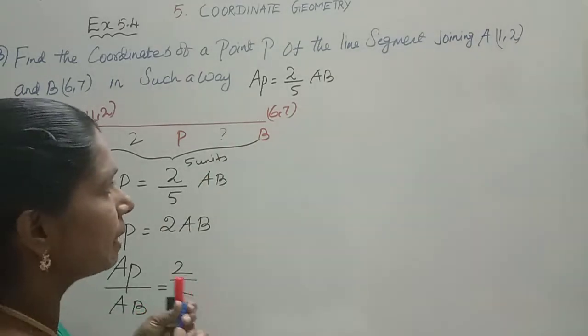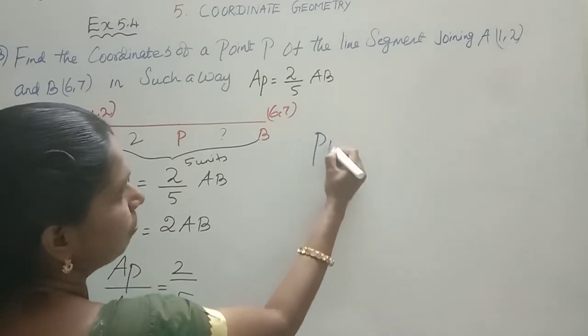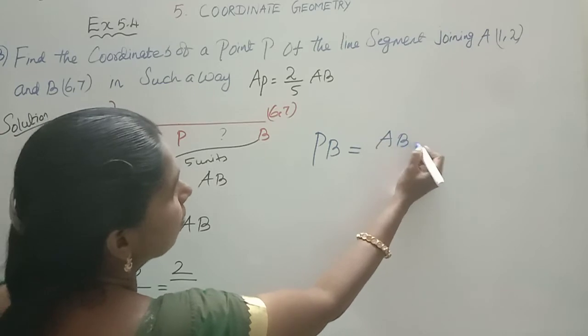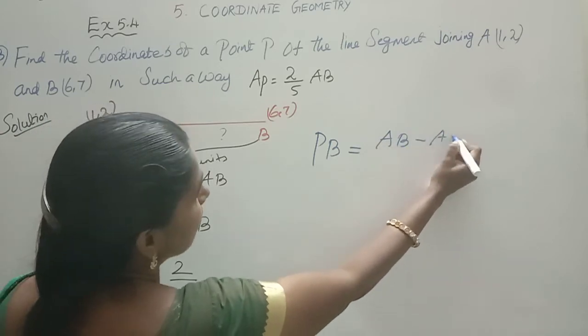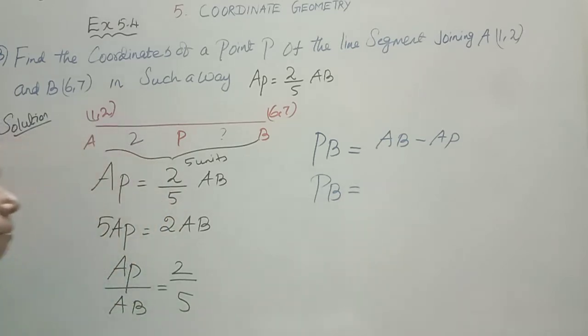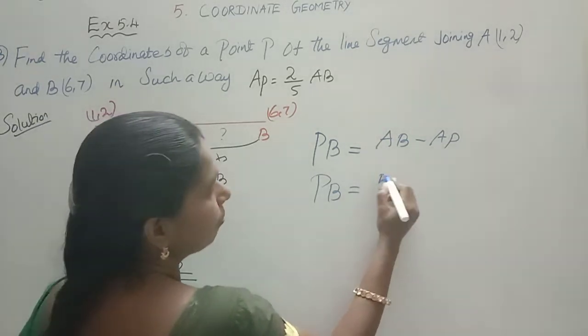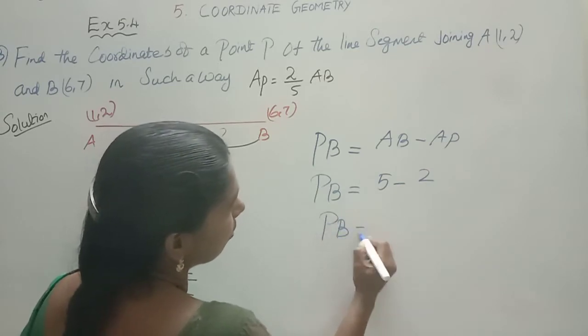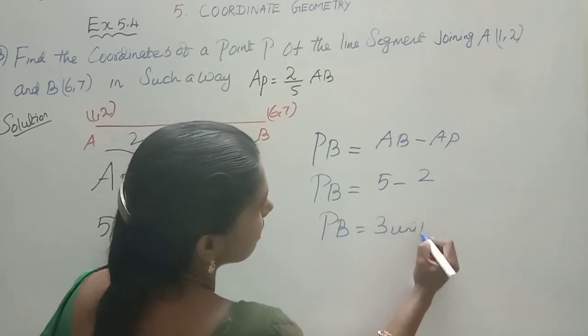How to find PB? PB is equal to full length AB minus AP. So BP is equal to 5 minus AP length, which is 2. So BP equals 3 units.